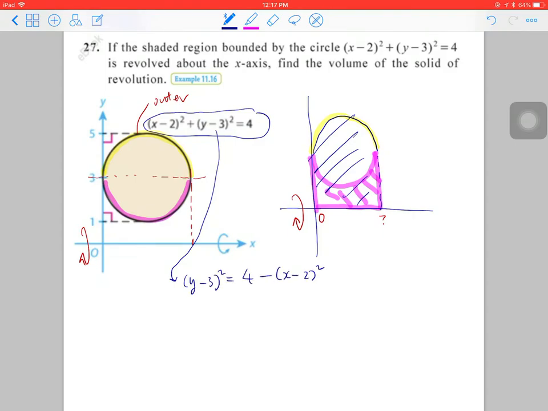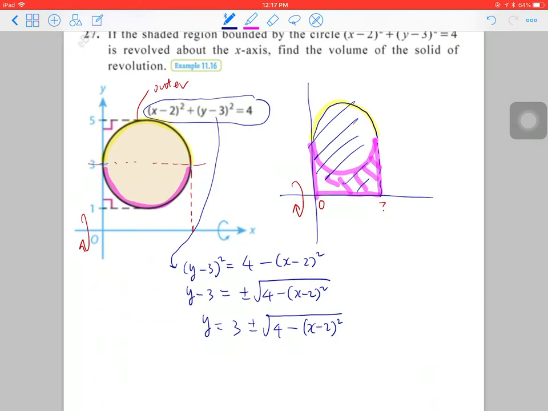So 4 minus this one, and then take the square root, don't forget plus or minus. And then y equals 3 plus or minus this one. Okay, which is which? The yellow curve, the outer curve.